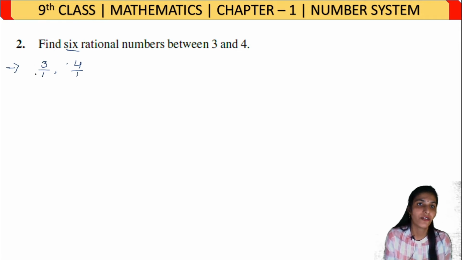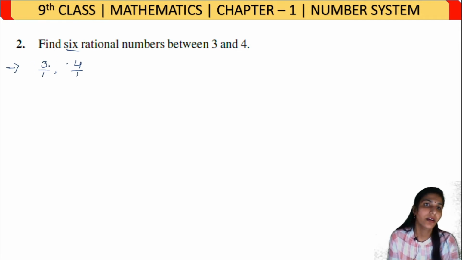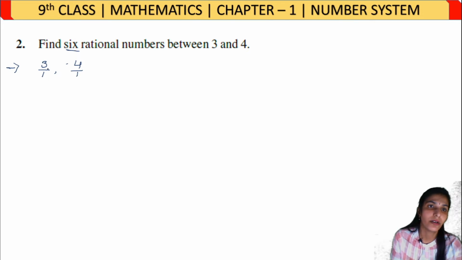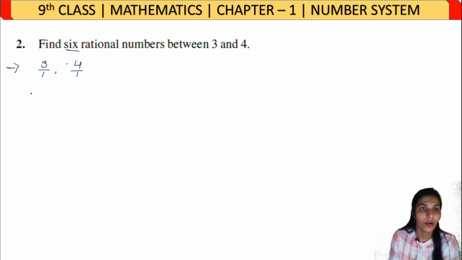According to the definition, a rational number has a numerator and denominator. Now they are asking to find 6 rational numbers, so we have to add 1 to 6. 6 plus 1 will be 7.